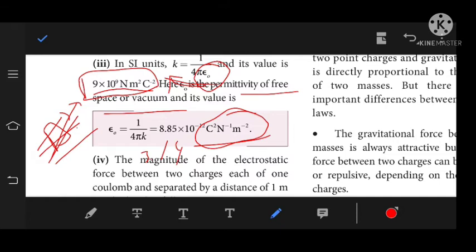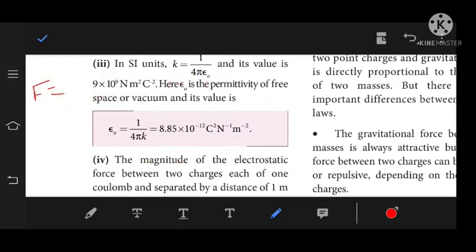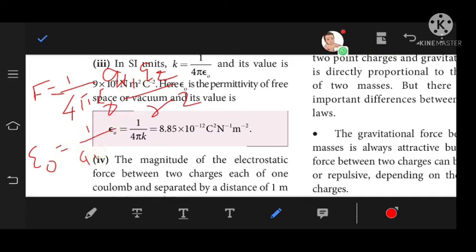How do you find this unit? F is equal to 1 by 4 pi epsilon naught q1 q2 by r squared. Now I need to find epsilon naught. Then epsilon naught is equal to 1 by 4 pi F, and q1 q2 by r squared.